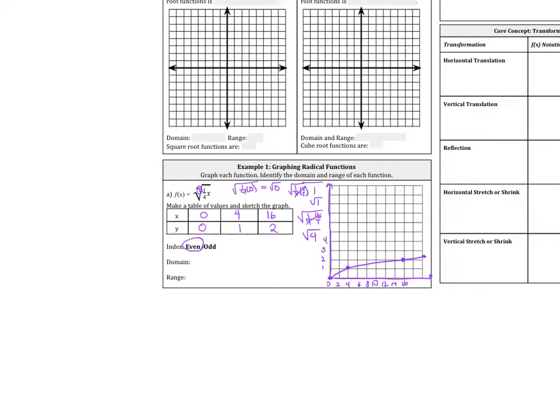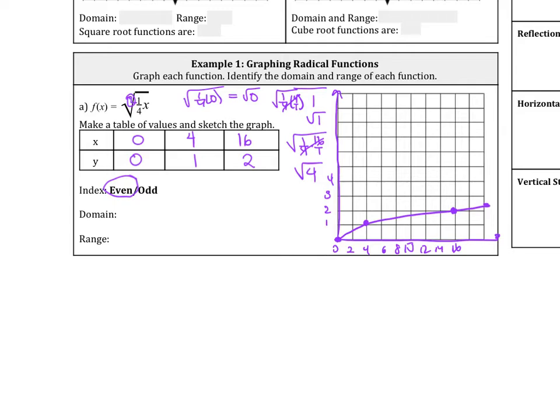Let's graph the parent function that we graphed earlier. And so let me just tell you it's at 0, 0, 1, 1, and 4, 2, and 9, 3. So this is the parent function here. Okay, and so we'll get to know these a little bit better, but just knowing what that looks like.